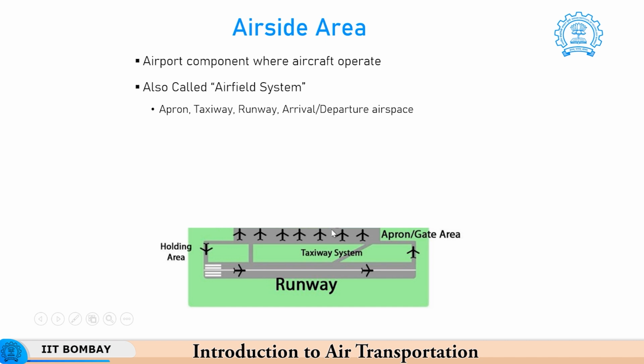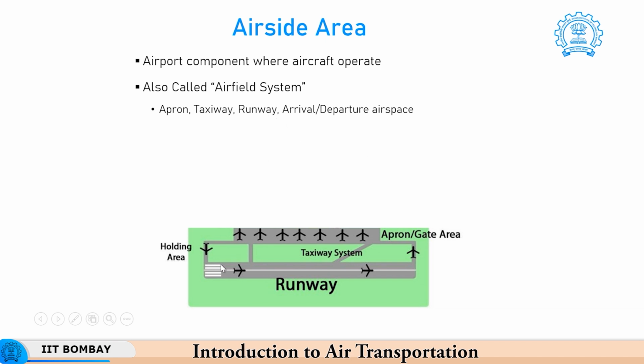So, all these are aircraft parked in the apron area. This is the runway, and the interconnection between the apron and the runway, such as these areas, these areas, these areas, they are all called as taxiways. Taxiways are the roads on which the aircraft proceed from the apron to the runway, or the roads which are used by the aircraft to exit the runway or after exiting the runway and moving towards the aprons.